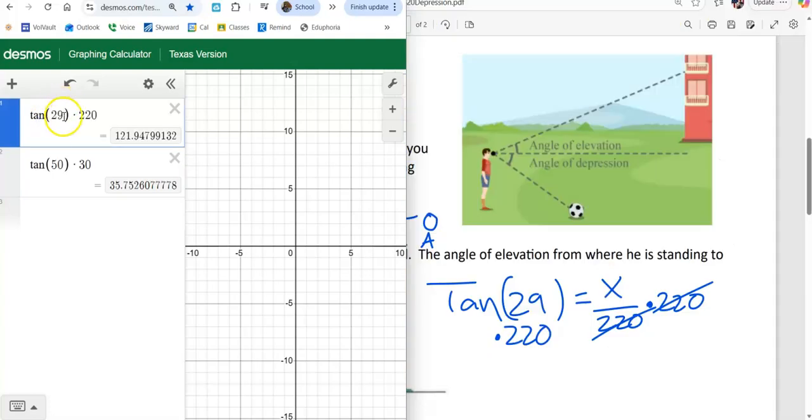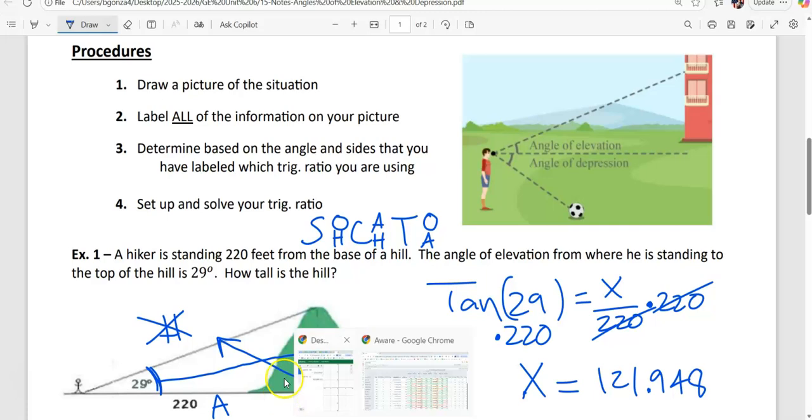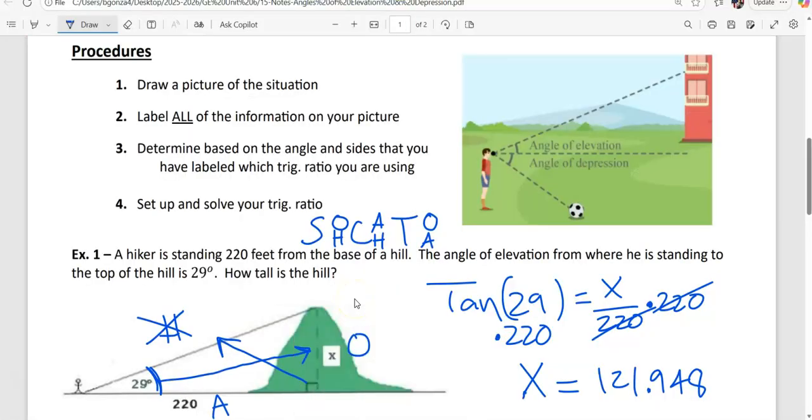I did this earlier. Tan 29 times 220 is 121.948. Round it. Write that down real quick.